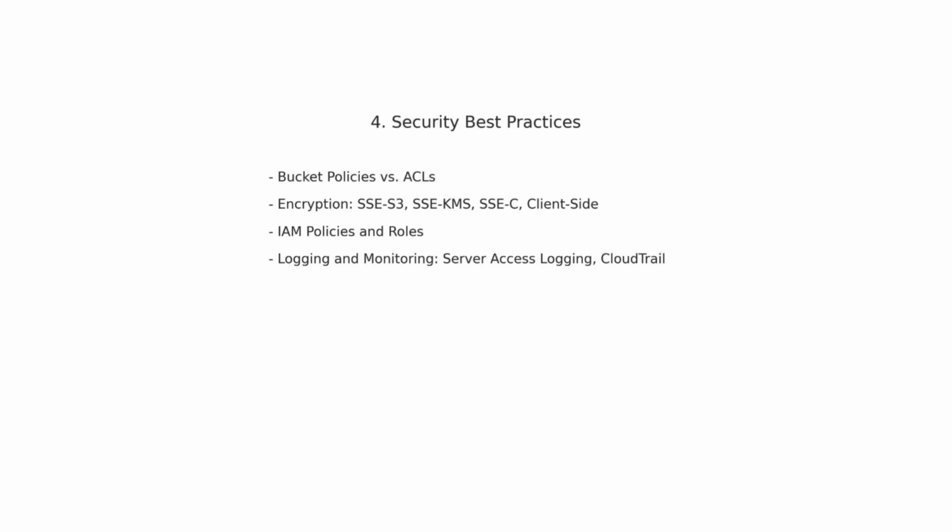Encryption is also critical. S3 offers several options, including server-side encryption with S3 managed keys, KMS managed keys, and also client-side encryption. You should use IAM policies and roles to control access to your S3 resources more securely, especially when integrating with other AWS services.